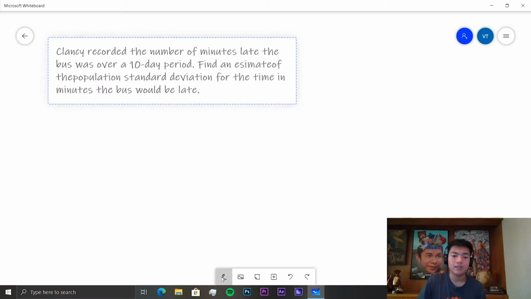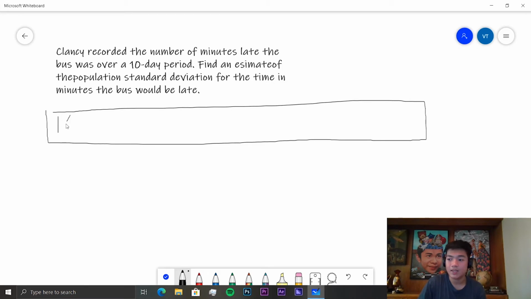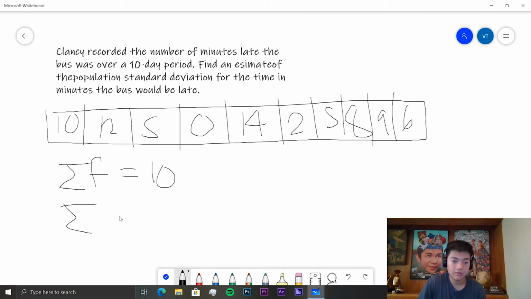The 10 values he's recorded are 10, 12, 5, 0, 14, 2, 5, 8, 9, and 6. So the number of terms is equal to 10. The sum of the terms is 10 plus 12 plus 5 plus 0 plus 14 plus 2 plus 5 plus 8 plus 9 plus 6.